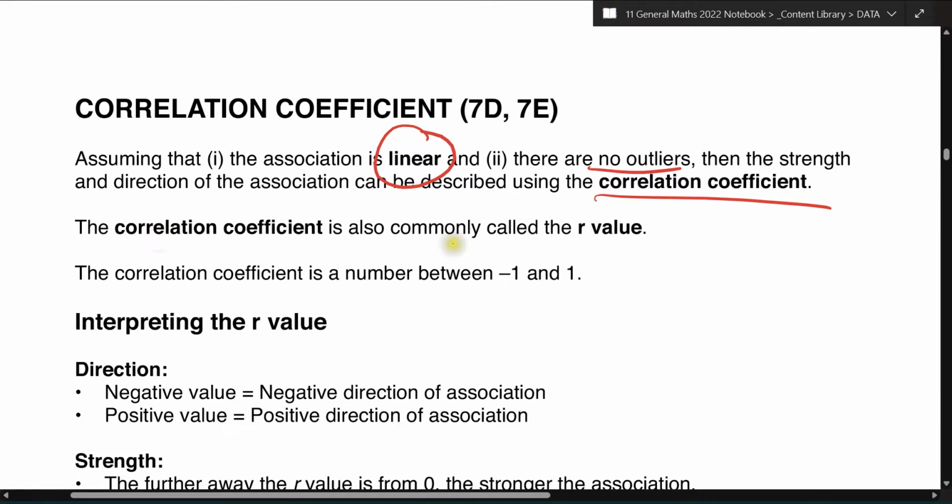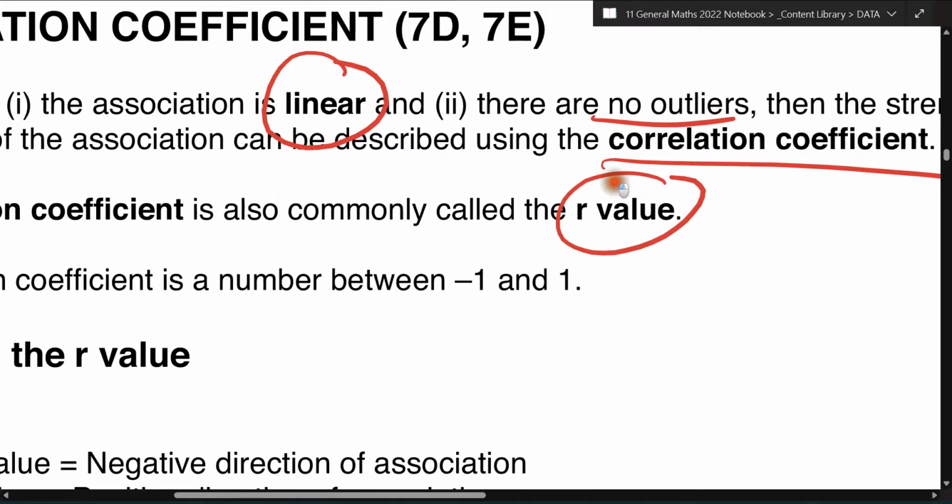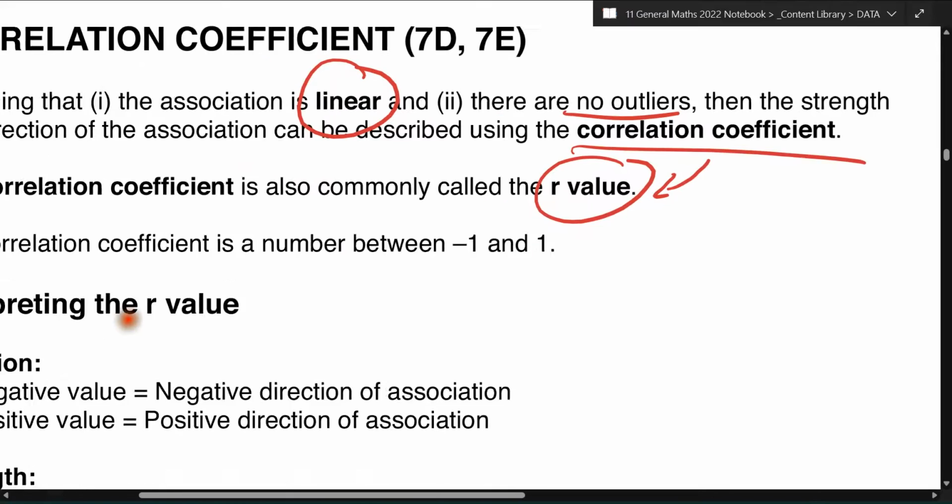Whenever you see the word R, or the R value, it's relating to the correlation coefficient. They're the same thing. Remember that. Whenever the question says calculate the correlation coefficient, it's referring to the R value.